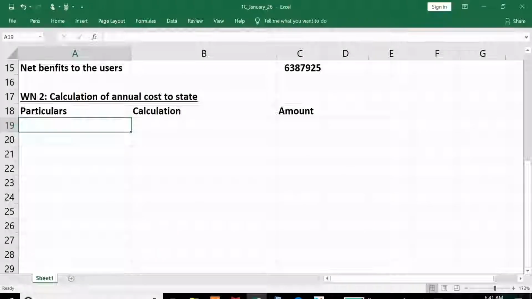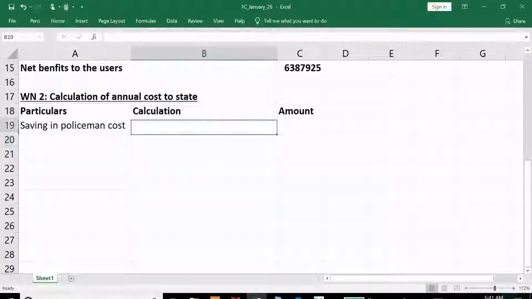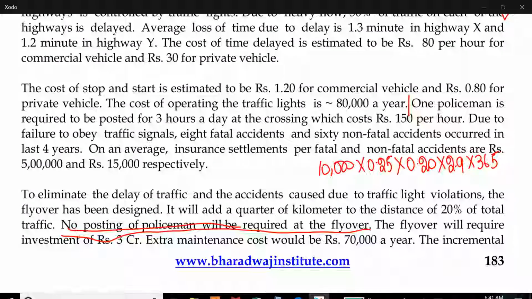Let's first write that benefit. The first benefit is saving in policeman cost. You are going to write this as negative now because we are calculating the cost.